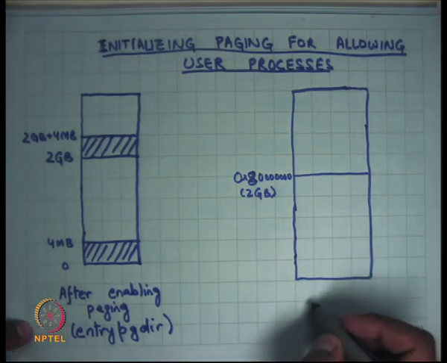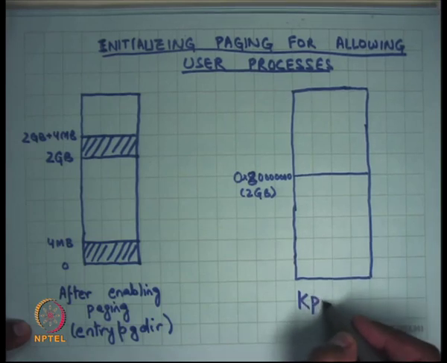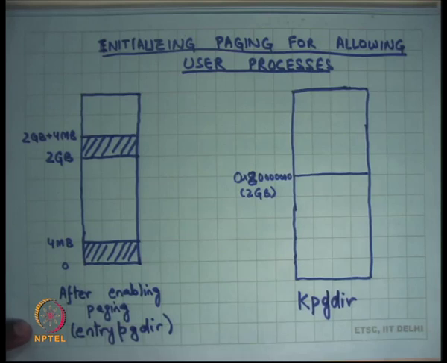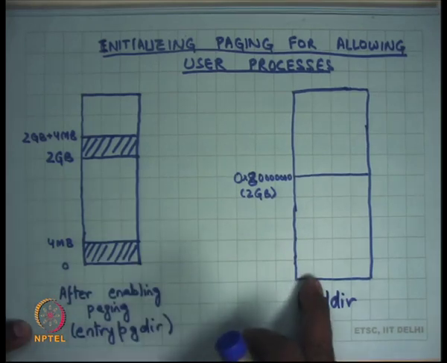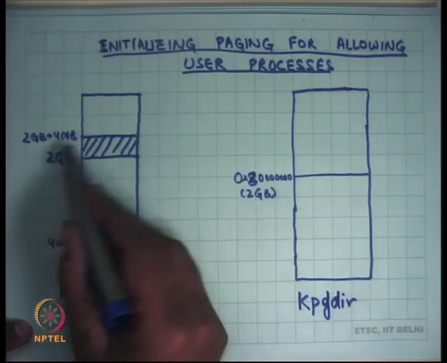So in this kernel page dir, let me call it k page dir, I want to switch from this address space to this address space. Right now it's just 2 GB plus 4 MB.